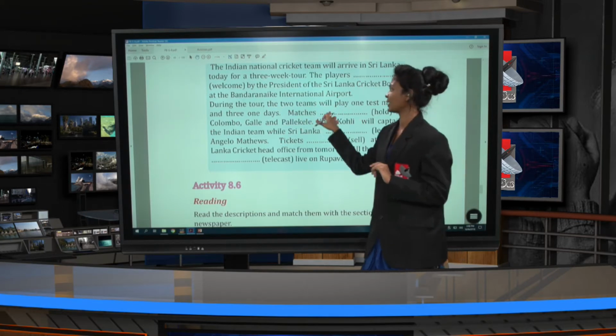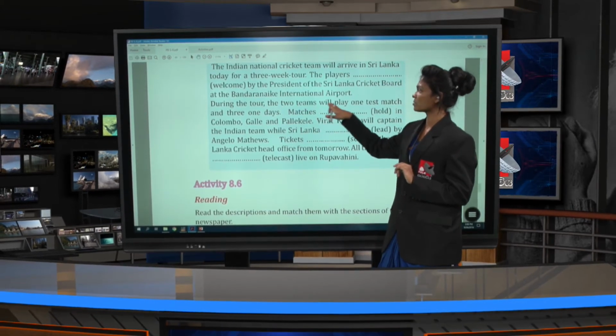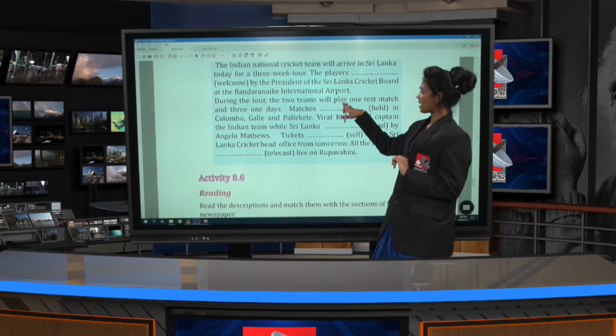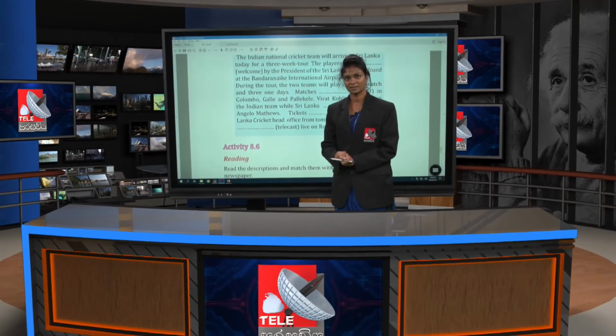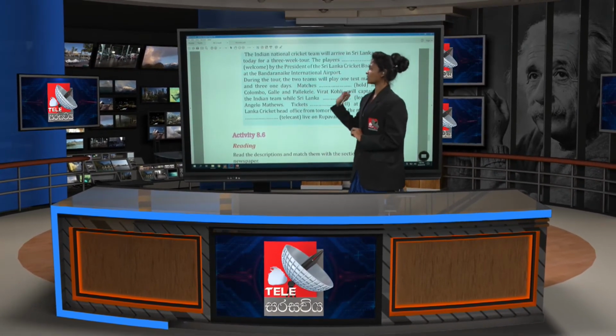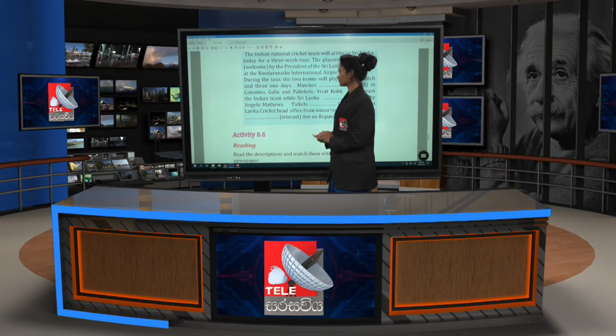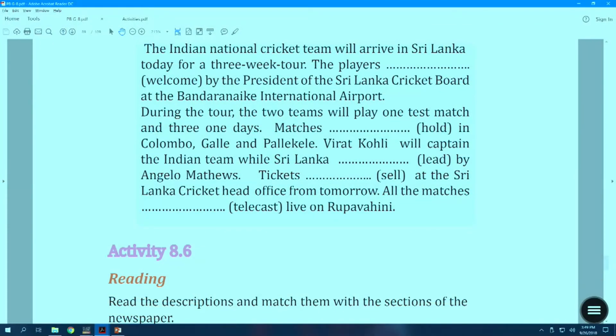This is active: the subject, the two teams, the verb will play, and you can see the object there. Matches, what is your answer? Will be held. Will be held in Colombo, Galle and Pallekele.